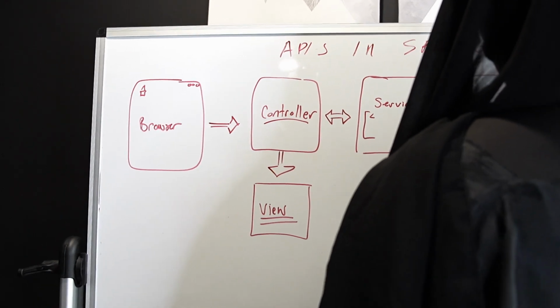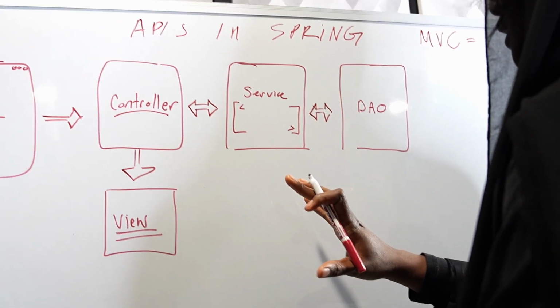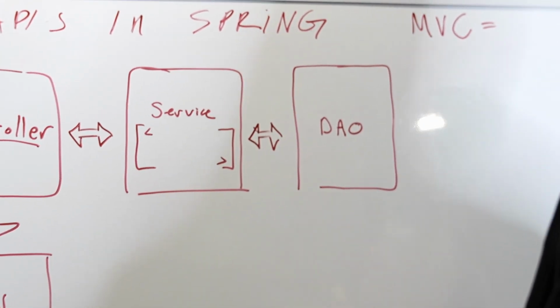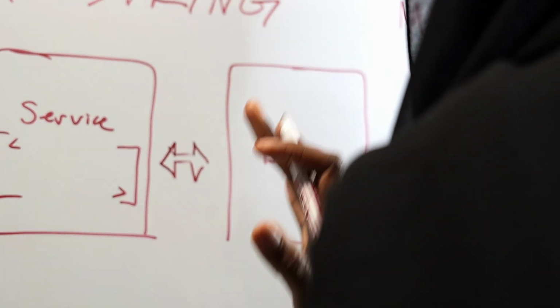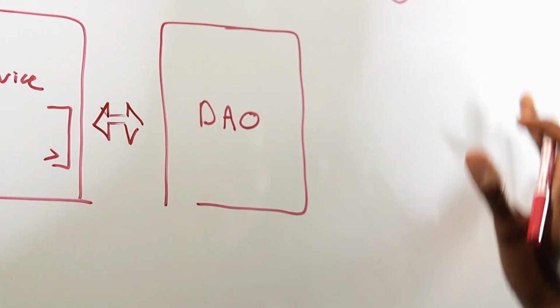So the DAO, the data access object, is a type of object that allows you to manipulate the data very easily.